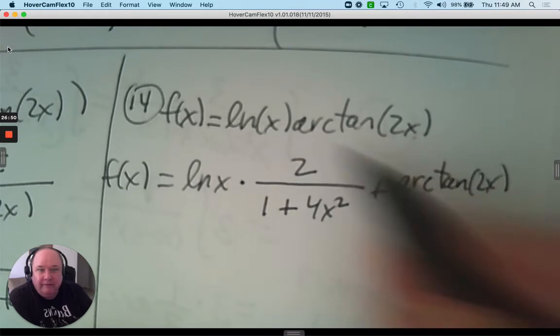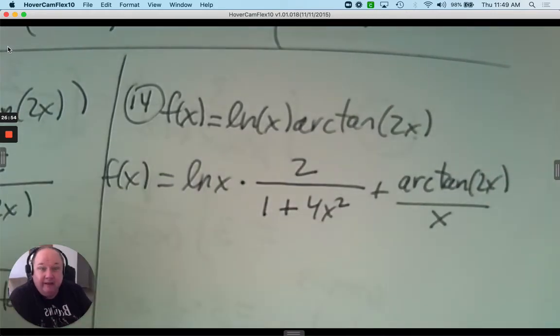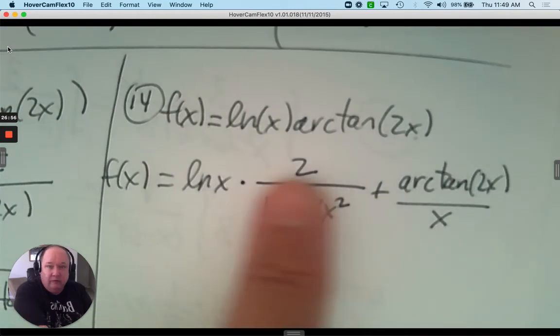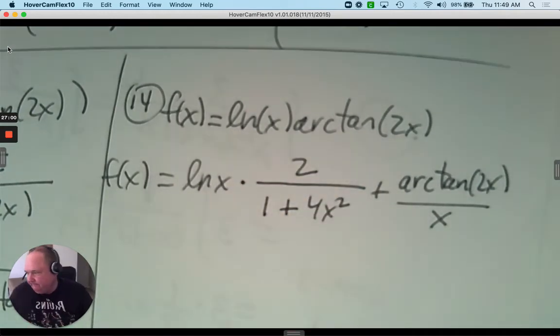And the derivative of the first is 1 over x, so we can just write that over x. And that's it. You could write this as 2 ln x over, and then this over that, if you wanted to. Always checking the answer key to make sure that I'm telling you the right thing. 14. Now let's look at number 15.